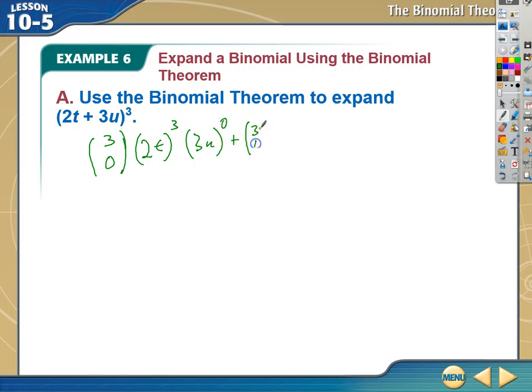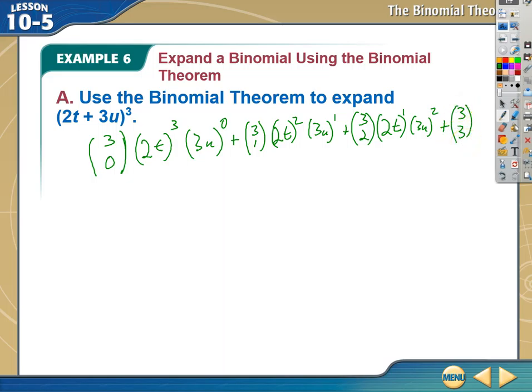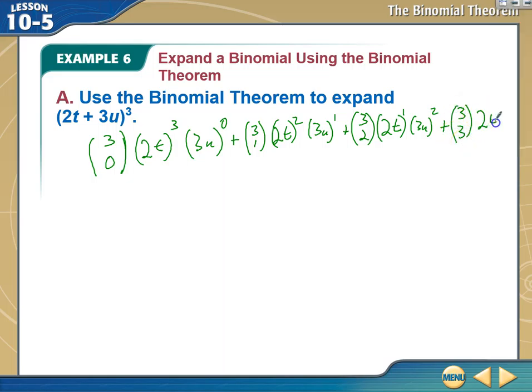Plus 3 choose 1, 2t squared, 3u to the 1st, plus 3 choose 2, 2t to the 1st, 3u squared, plus 3 choose 3, 2t to the 0, 3u cubed.